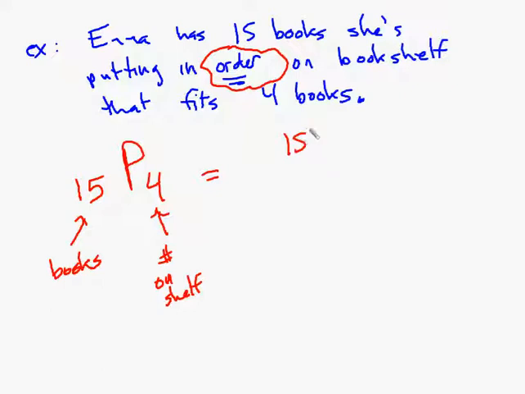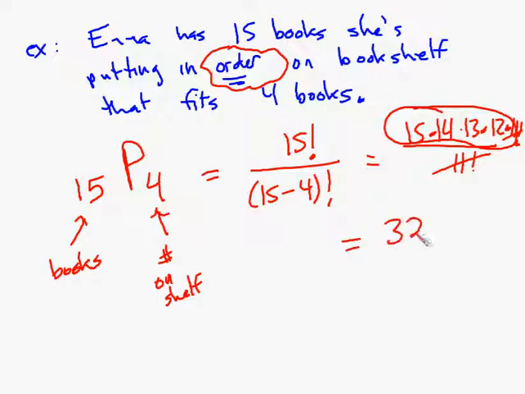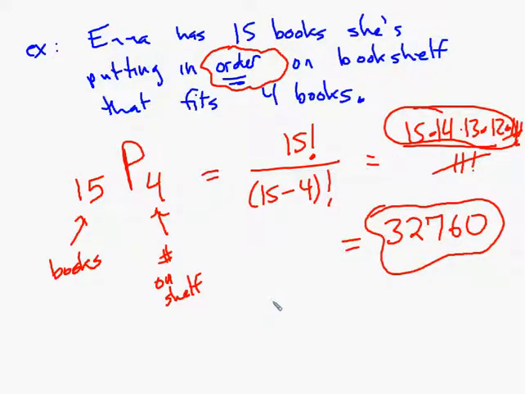So that's going to be 15 factorial over (15 minus 4) factorial, which is 15 times 14 times 13 times 12 times 11 factorial, all over 11 factorial. The 11 factorials cancel. And what is the answer? What do I get here? 32,760. So that's the number of ways she could put 4 of her 15 books in order on a shelf.